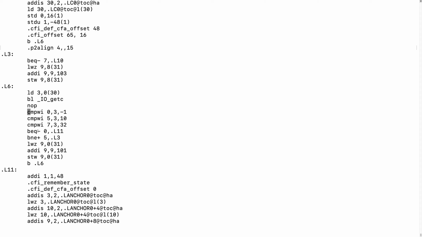So it's a hint to the CPU that it's probably not likely that this branch will be taken, which corresponds to the statistics that it collected. And then the next branch, not equal for 5, which compared against the new line. It's likely that it's not equal to new line.